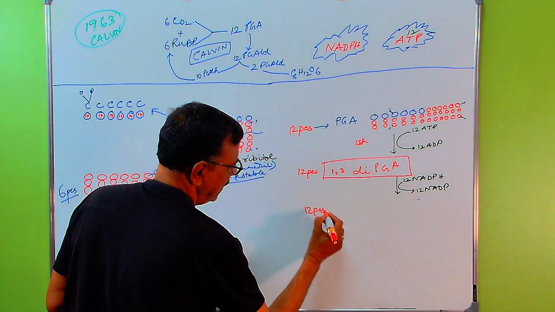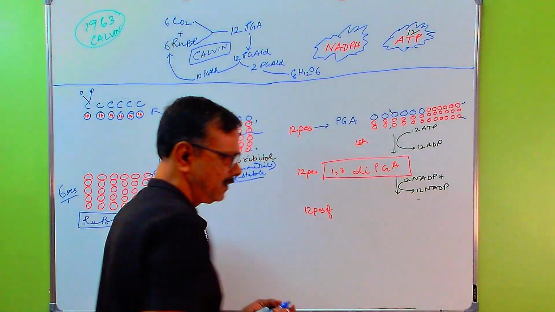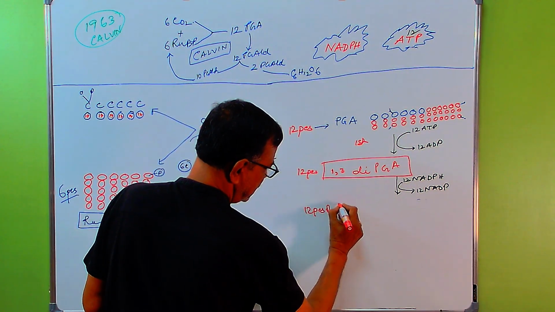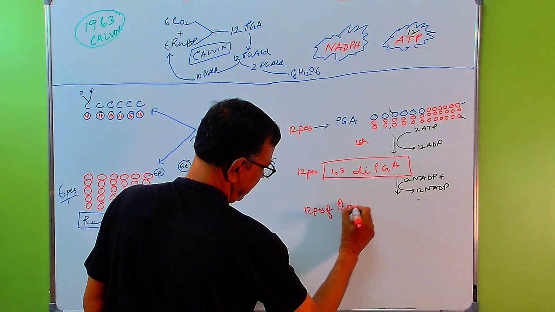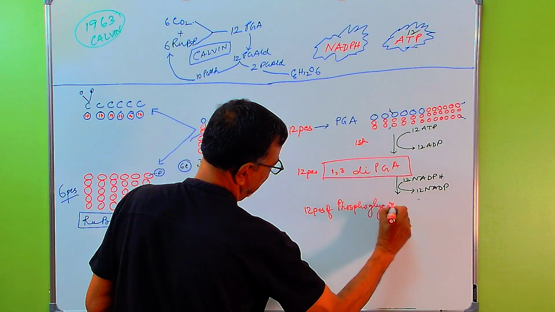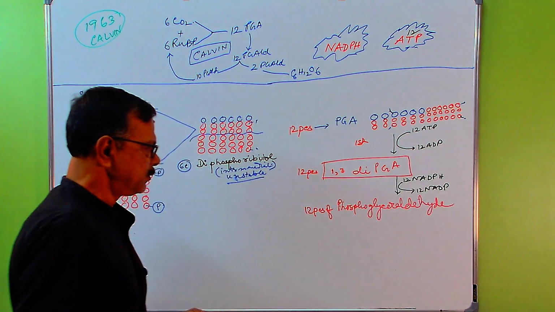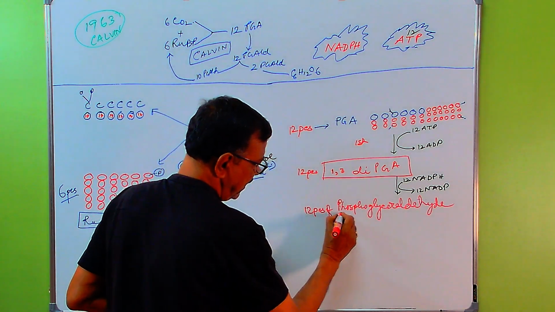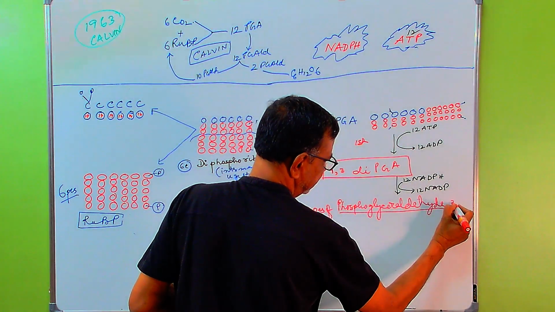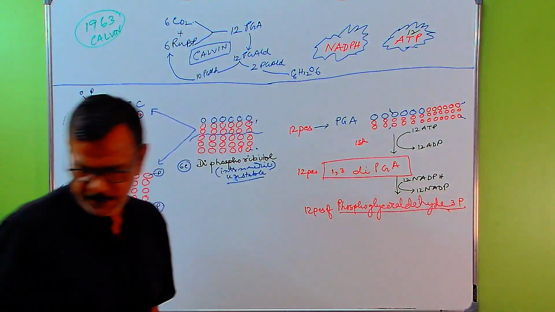12 pieces of di-PGA, and then this is known as PGA. 12 pieces of phosphoglyceraldehyde 3-phosphate will be produced.